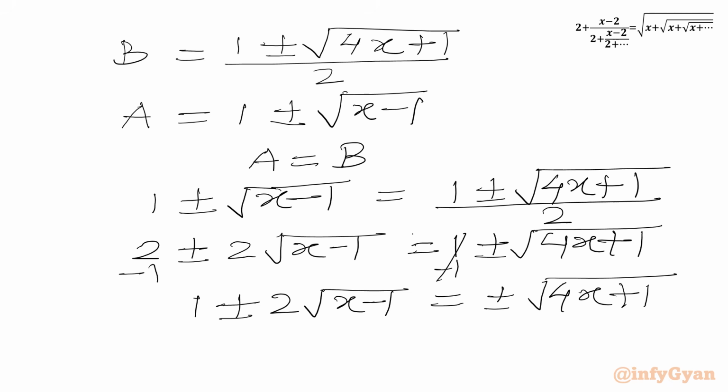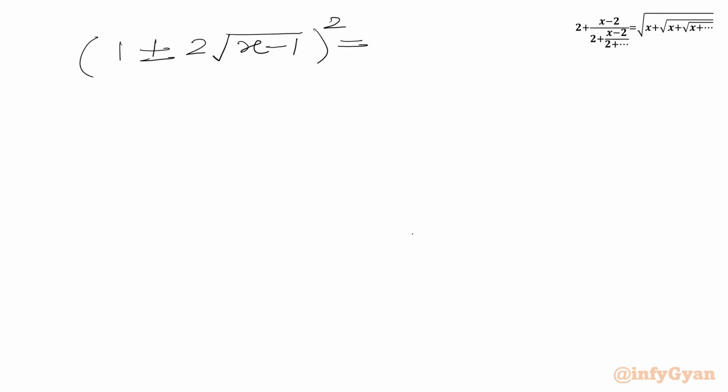Now we have to consider squaring both sides. So I will write 1 plus minus 2 times square root x minus 1 whole square in LHS. This must be equal to plus minus square root of 4x plus 1 whole square.